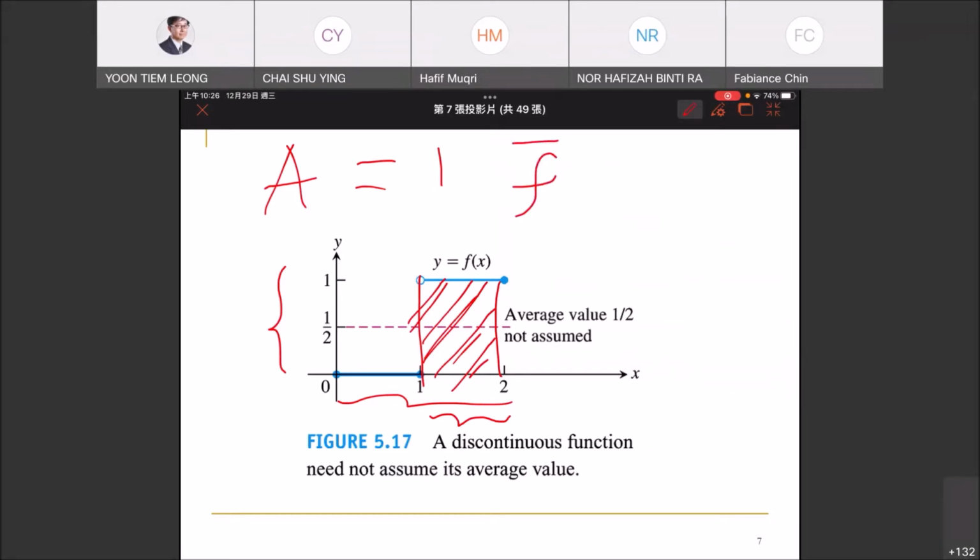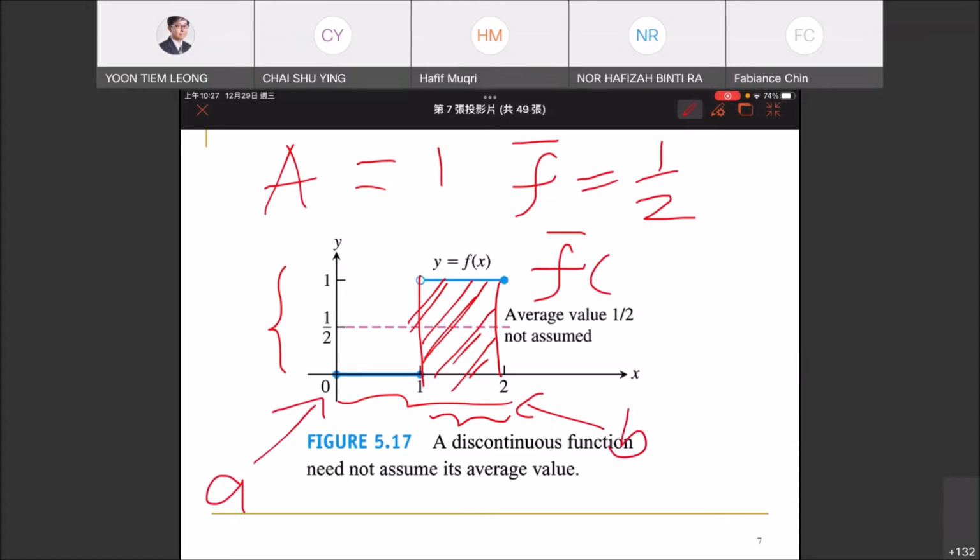So the average of the function is equal to half. Why is that half? Because by definition, the average of the function is multiplied with the width of b minus a. So a is 0, b is 2.